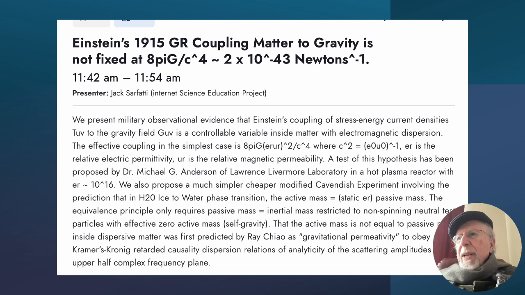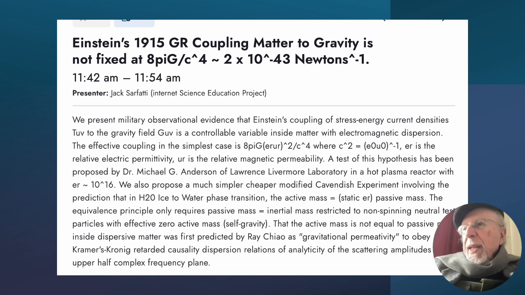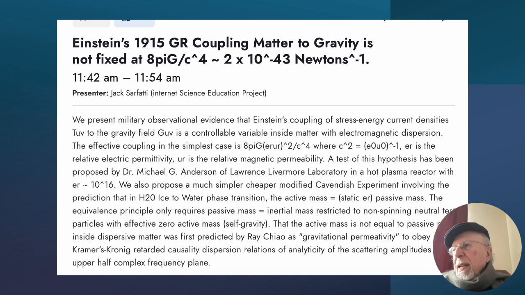I present military observational evidence that Einstein's coupling of stress energy current densities of the electromagnetic field to the gravity field is a controllable variable inside matter with electromagnetic dispersion. The effective coupling in the simplest case is given by the equations you see here, and I'll skip that.